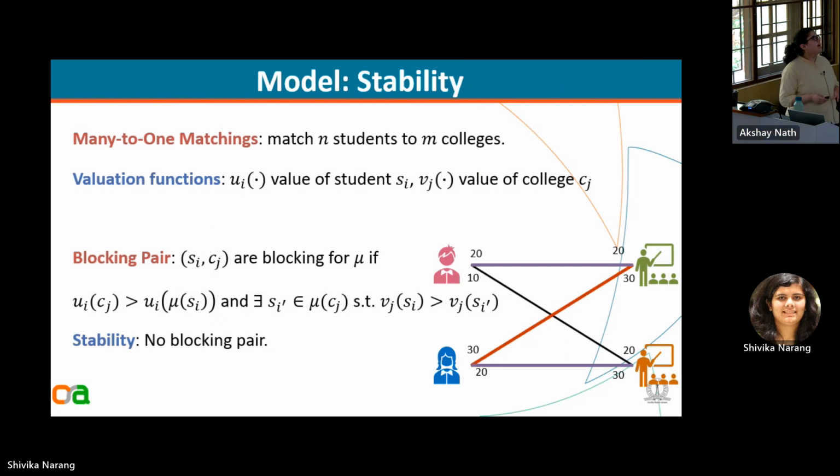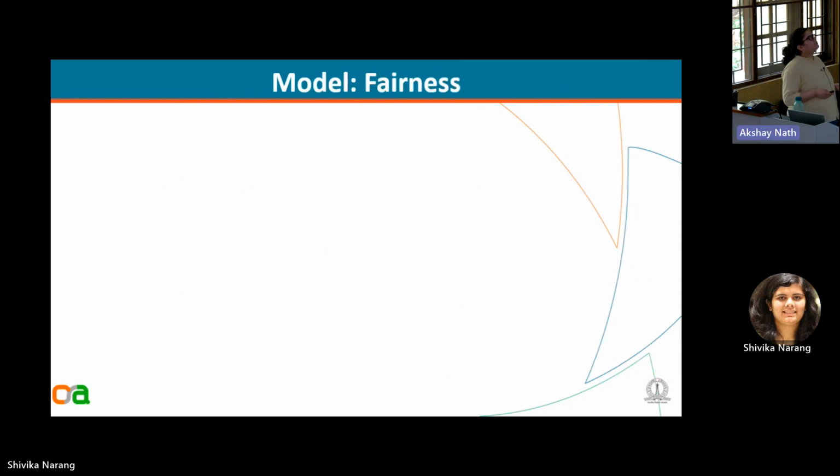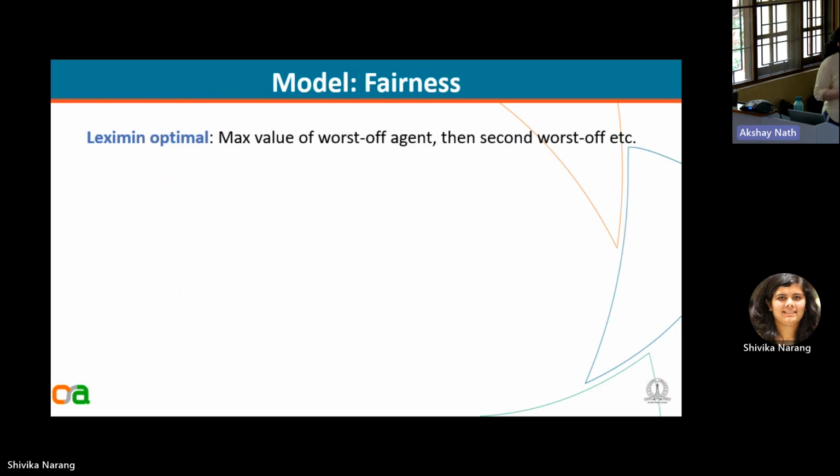And what we will try to do is, over stable matchings, find the Leximin optimal again. I argue why Leximin optimal makes the most sense here in the paper. You can look it up if you're interested. But again, because these are non-negative values, we want to maximize the minimum value attained, and then the second minimum, and so on.